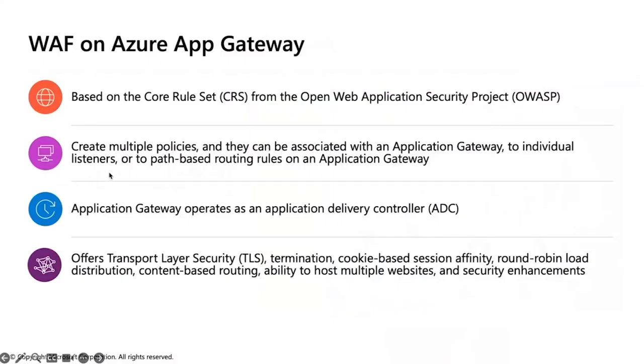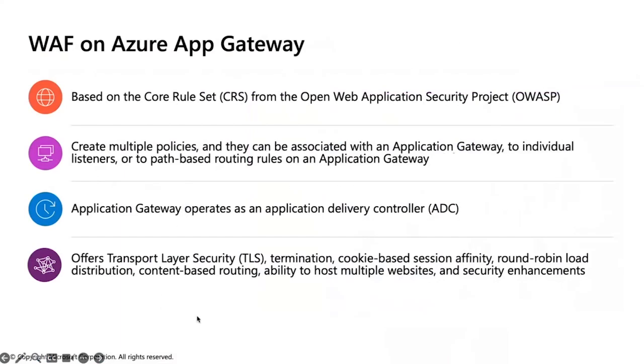Here you have to create multiple policies, and they can be associated with the application gateway for load balancing. Basically, Application Gateway gives you path-based routing and different kinds of listeners; you can create HTTPS listeners. You can configure domain-based routing as well. These are different capabilities we have in Application Gateway.